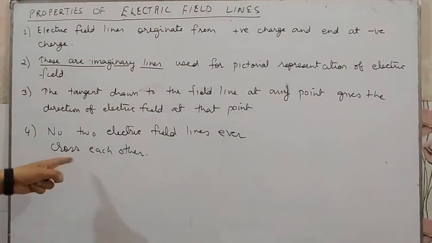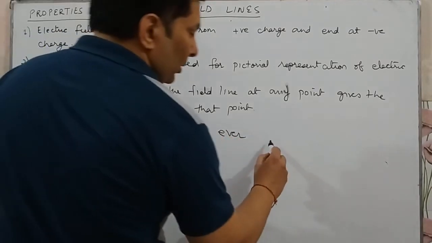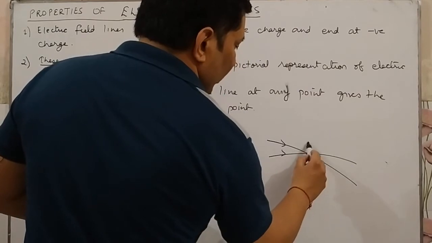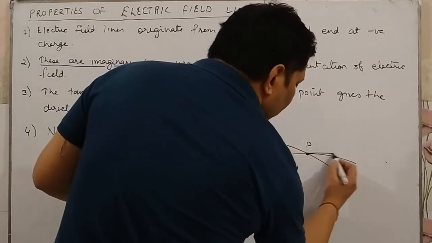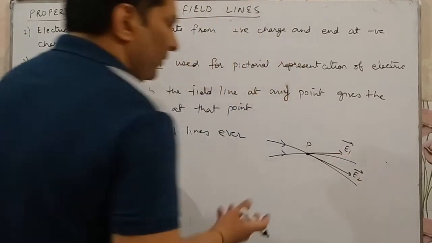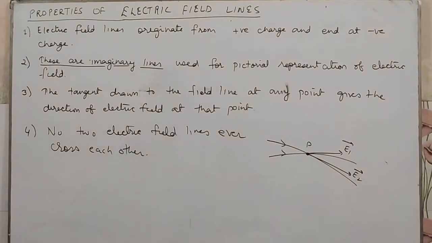Because if two electric field lines ever cross each other, then at the point of intersection, suppose that is again point P, you will have two tangents, and definitely the point of intersection will have two directions for the electric field. It is not possible that at the same point we can have two directions for the electric field. That is why electric field lines cannot ever cross each other.